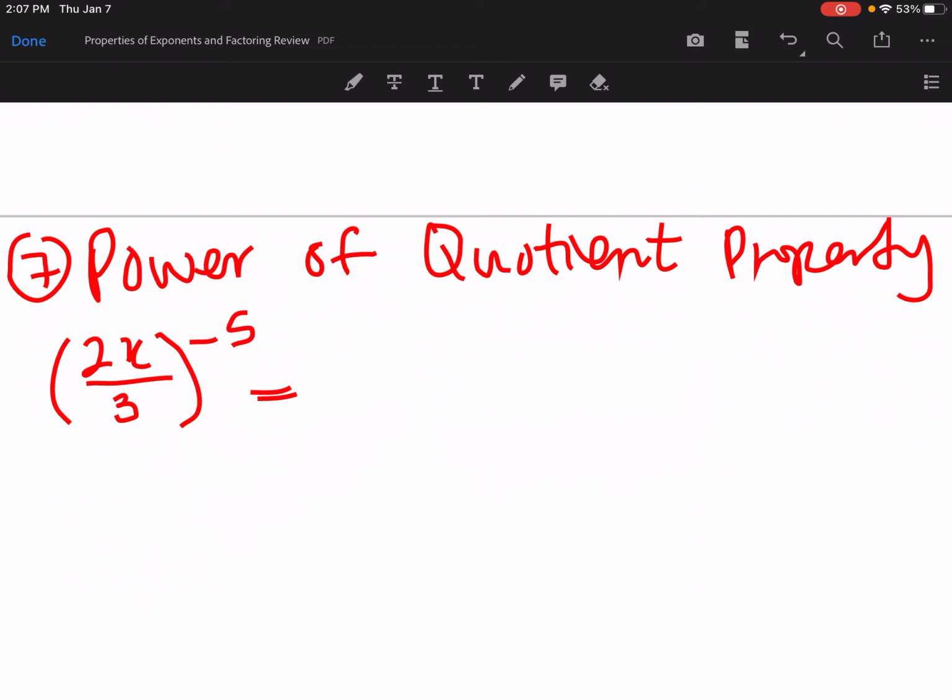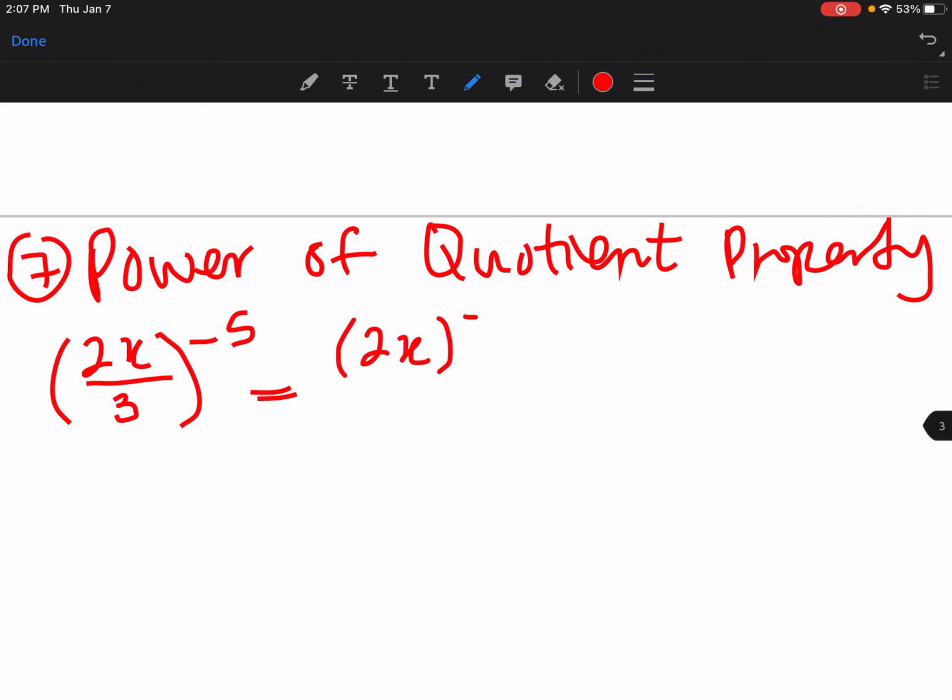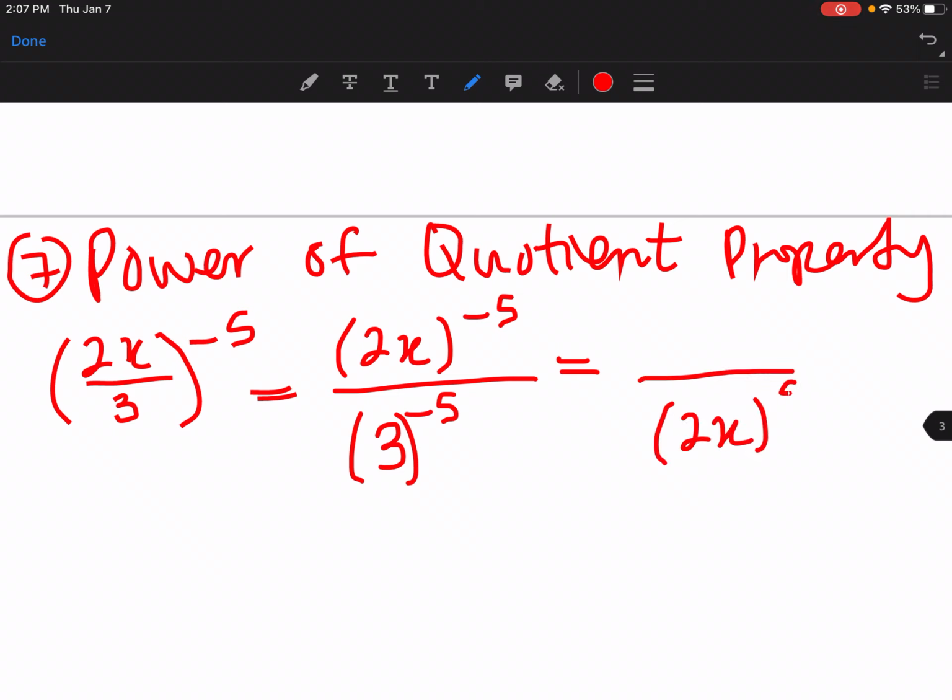When I have two things inside my parentheses, I need to raise both 2x to the negative 5th power all over 3 to the negative 5th power. Now, we know that when I have a negative exponent in my numerator, I can bring it down to the denominator and make this become 2x to the 5th power.